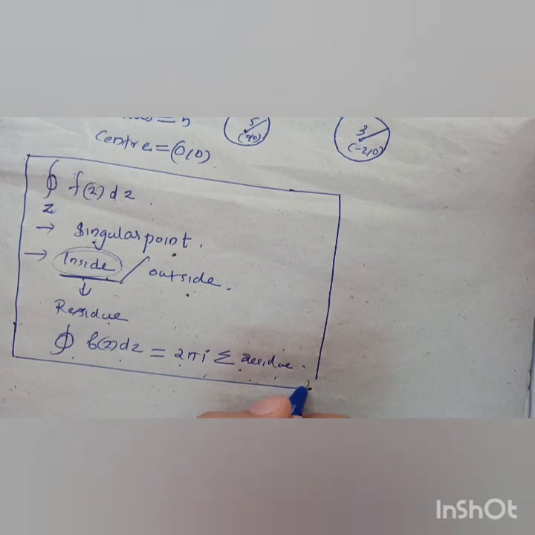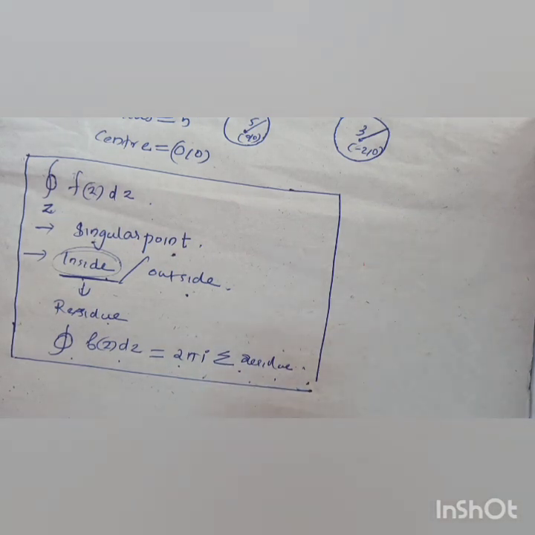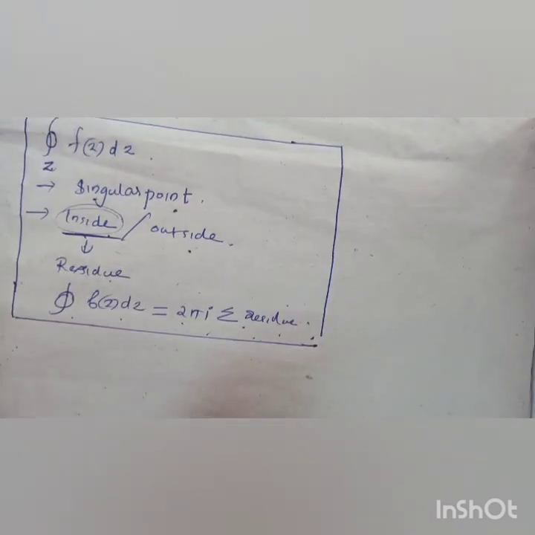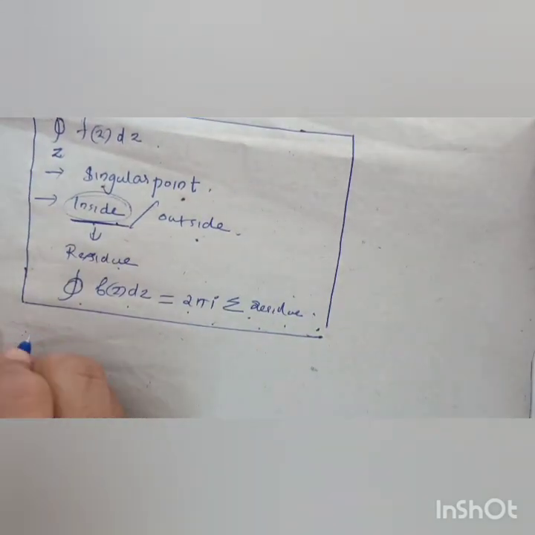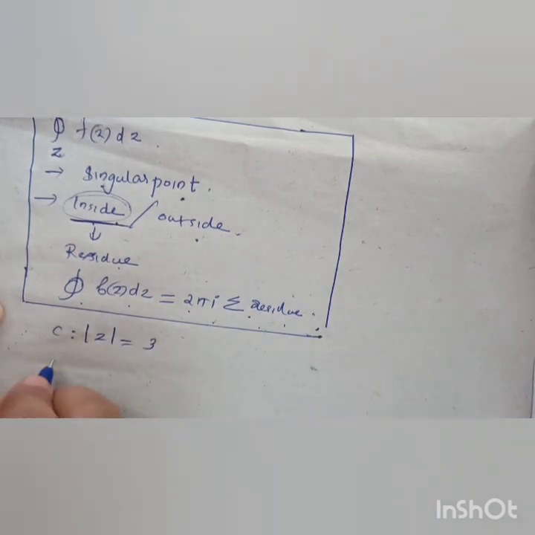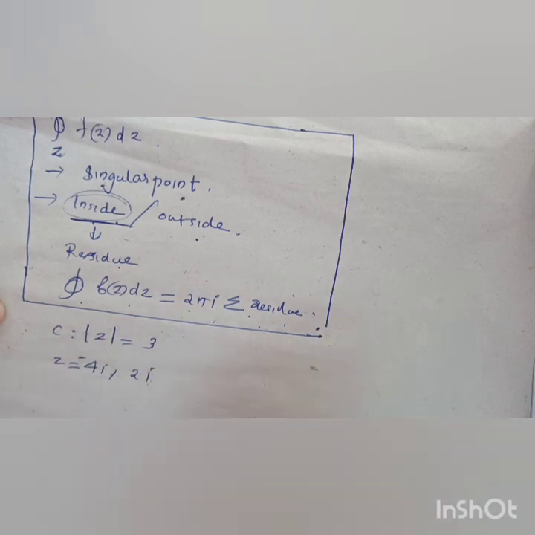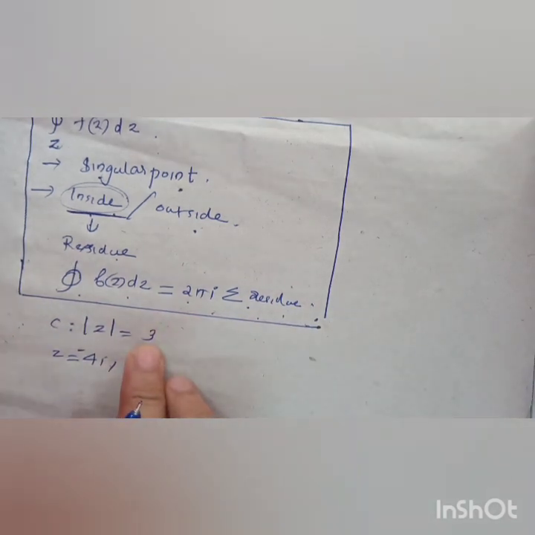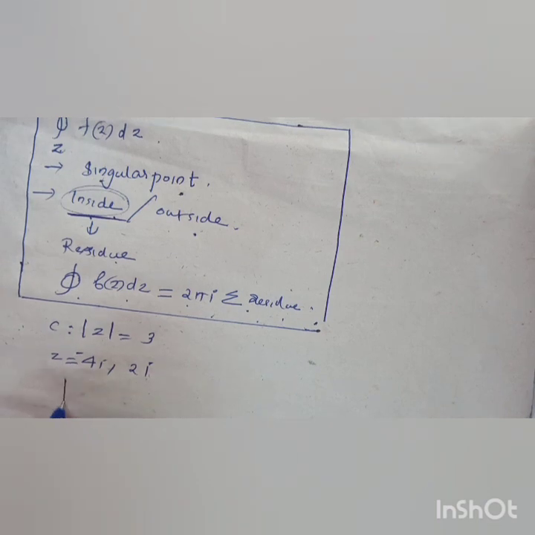And how do we check whether a point is inside or outside? Here we are given a contour |z| = 3 and the points 4i, -4i and 2i. We know the radius is 3, so we find the magnitude of the singular points.